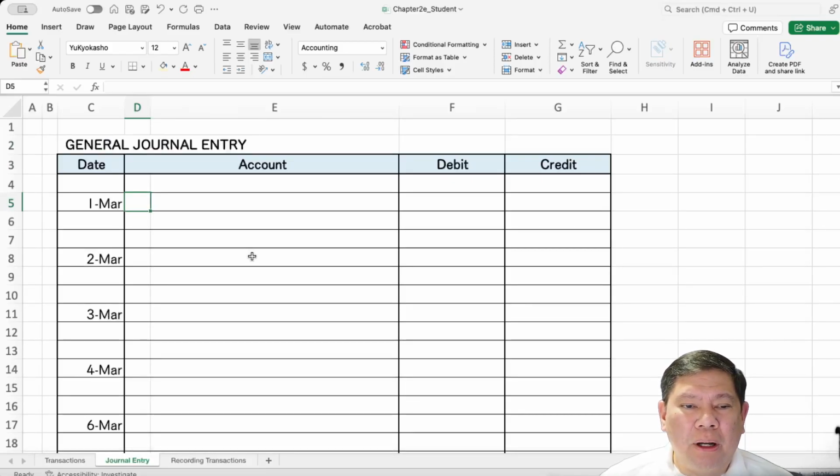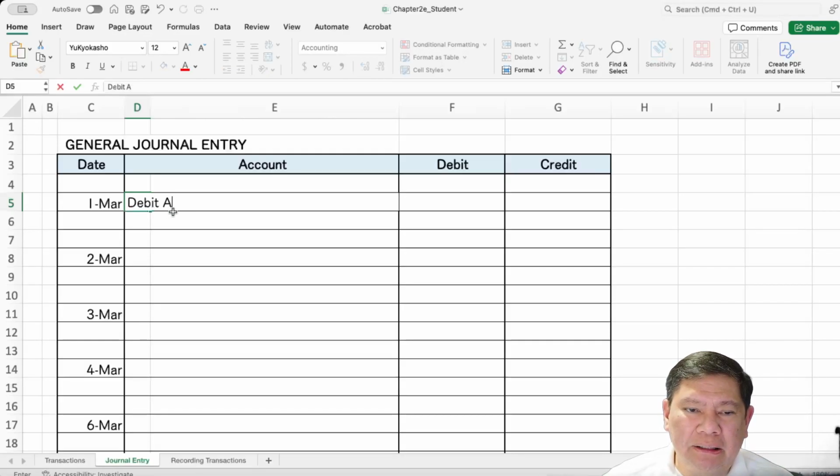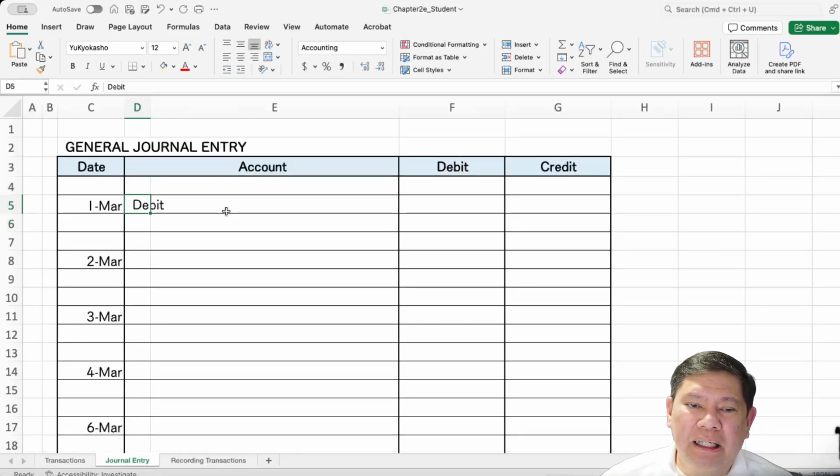So what we're going to do is we look at the transaction and what accounts are affected by the transaction. The first account affected is going to be put on debit, on the very left, the name of the account.